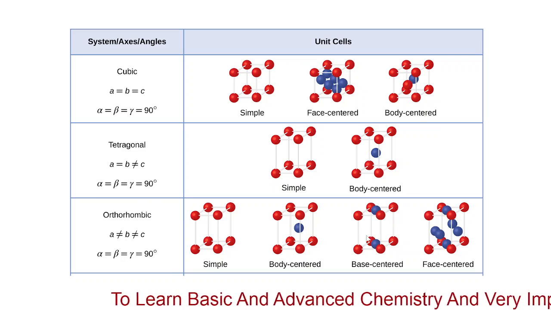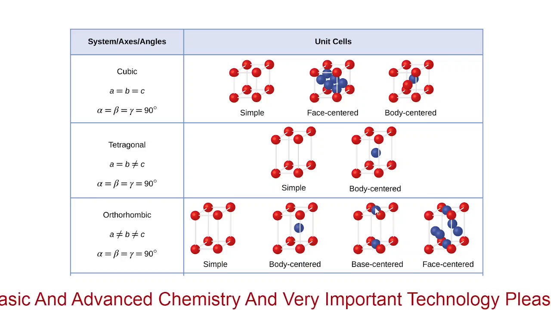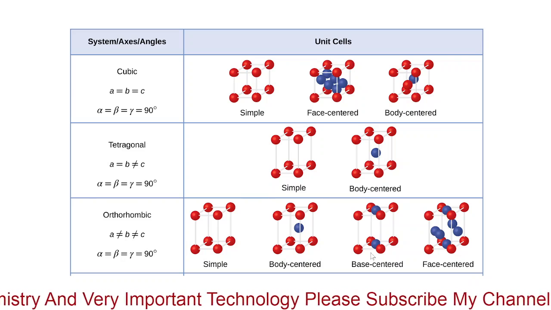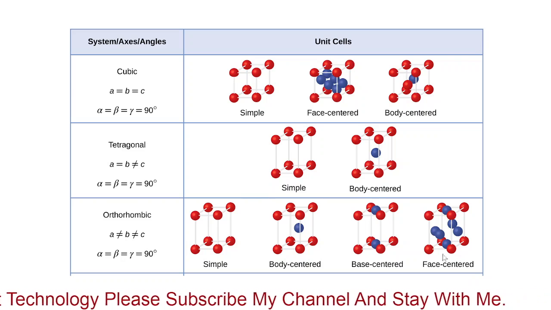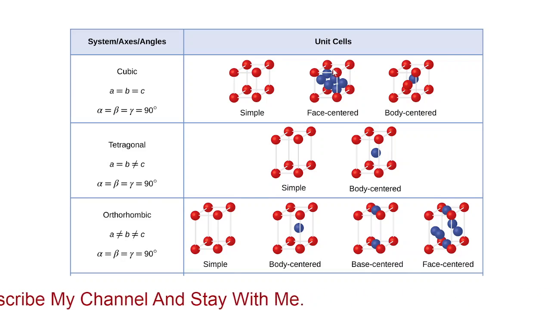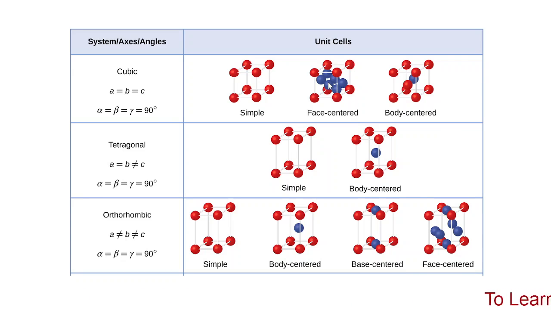We are giving only atoms at either this base or this base, just at the center of the base. So that is base centered. Face centered we have already mentioned. If we put atoms at the center of any face, we can consider that face centered orthorhombic.